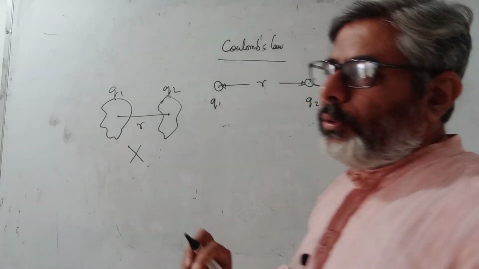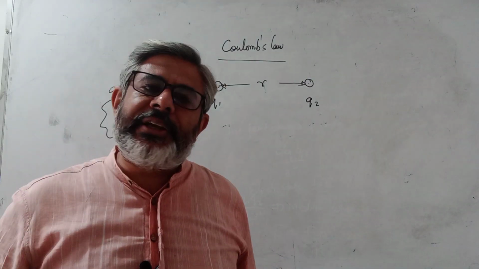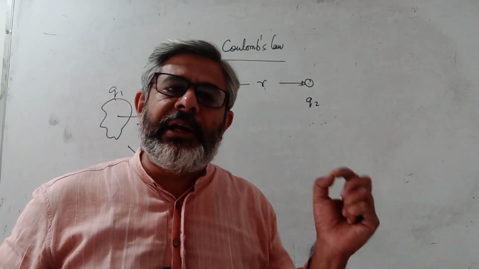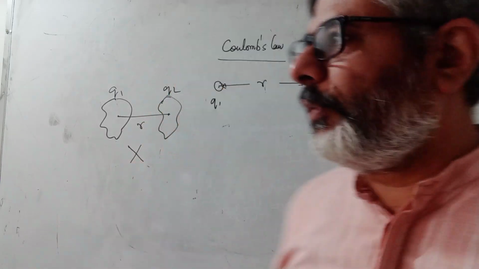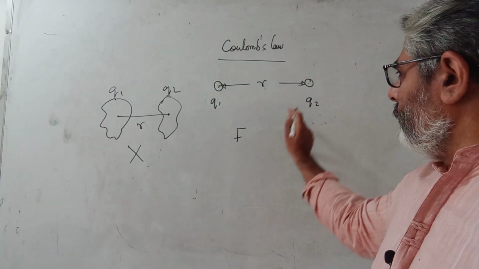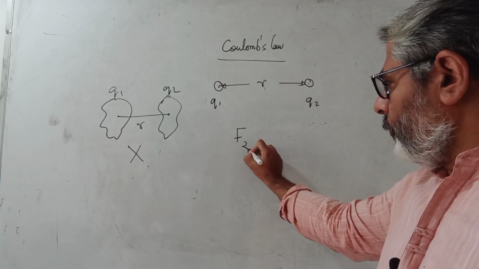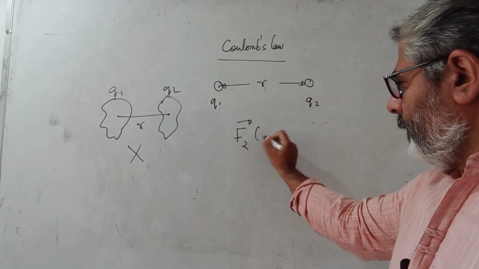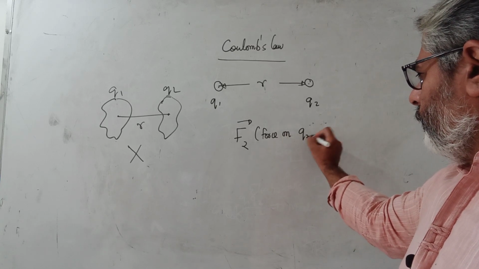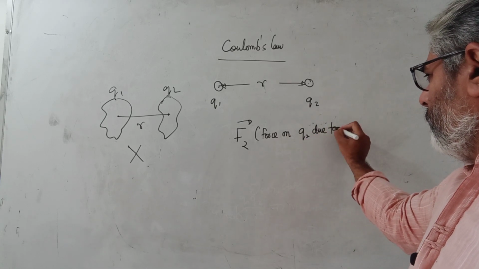Now remember, like in all forces we have Newton's third law valid, that is to every action there is always an equal and opposite reaction. So suppose I say that the force on this charge 2, which I am calling F2 vector, that is force on Q2 due to Q1.